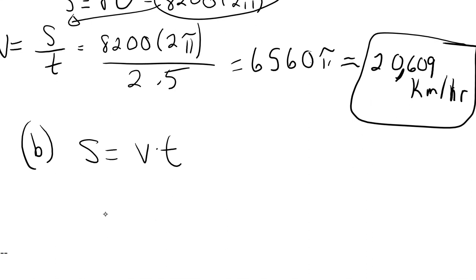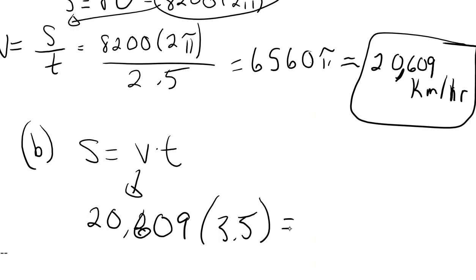So we know the velocity. That's 20,609 times 3.5, which is 72,132 kilometers.